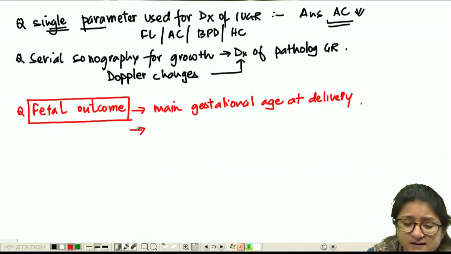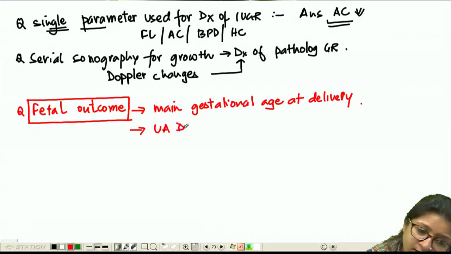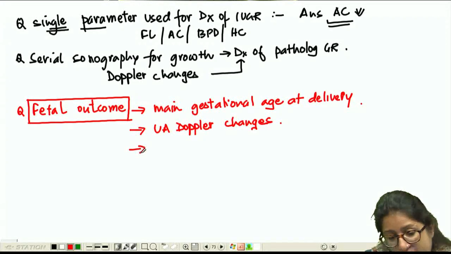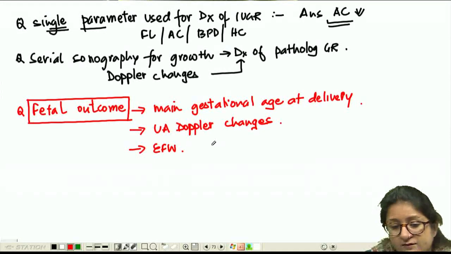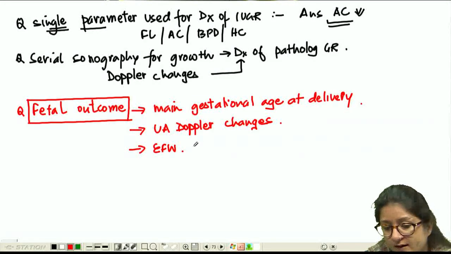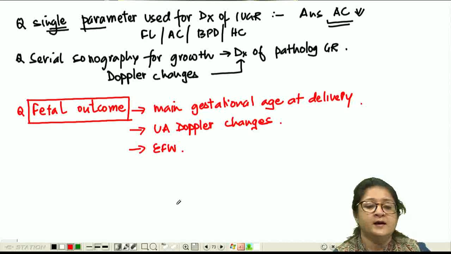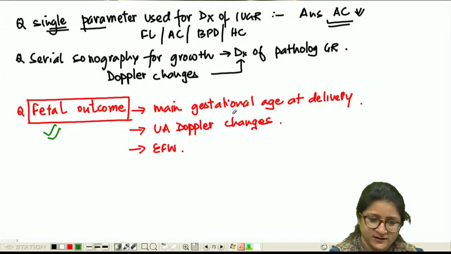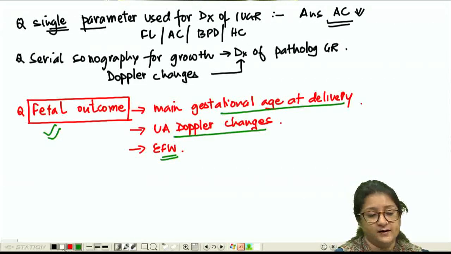After this, it has to be the umbilical artery Doppler changes, and the estimated fetal weight, which will ultimately determine the fetal outcome. So these are the main factors on which the fetal outcome will depend: the gestational age at delivery, the Doppler changes, and estimated fetal weight.